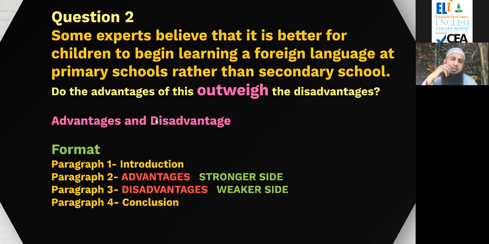So how you write? You write introduction, then advantages, the stronger side first. If disadvantages are stronger, then you write disadvantages, second paragraph, just after introduction. It depends which one is the stronger side. That should be after introduction. Okay, then disadvantages and then conclusion. This is how it should look.